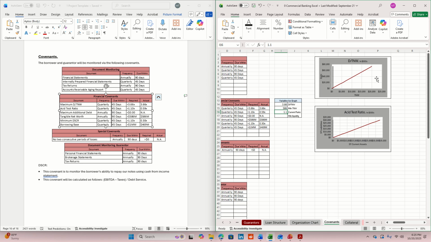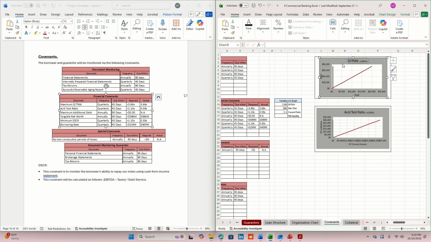Okay, so basically, what this is illustrating is that their debt to tangible net worth has to fall within this area. It has to be to the right of this black line, and it has to be below this red line. Whereas the asset test ratio has to be above this red line and to the right of this black line.